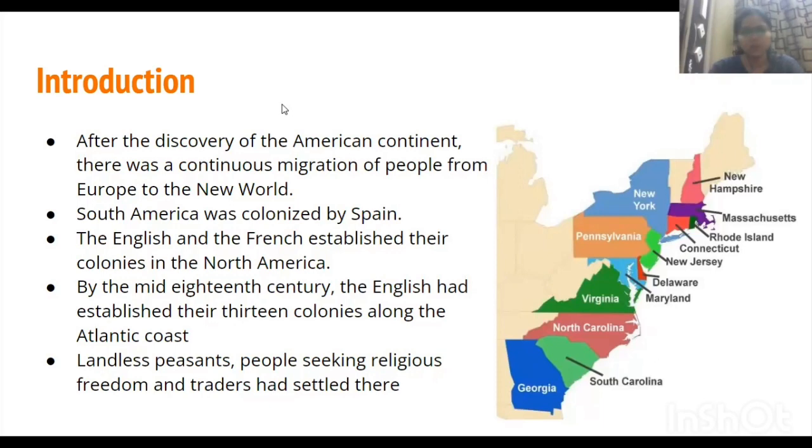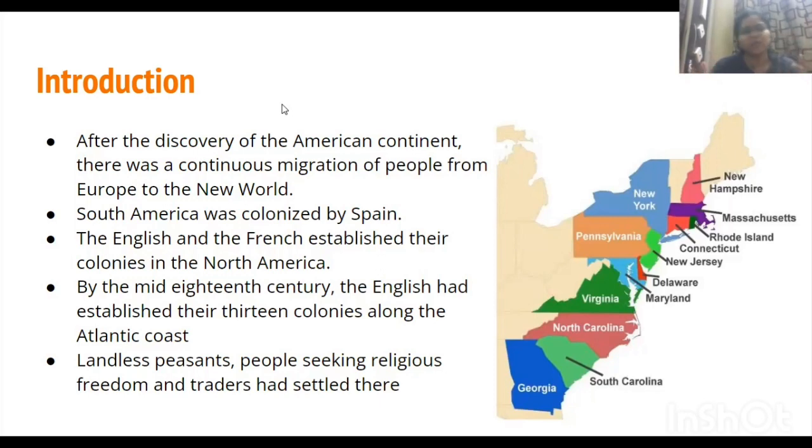You can see here the names of the different colonies: Georgia, South Carolina, North Carolina, Virginia, Pennsylvania, Maryland, Delaware, New Jersey, Connecticut, Rhode Island, New Hampshire, Massachusetts, New York. All these were the 13 British colonies established on the east coast of America.